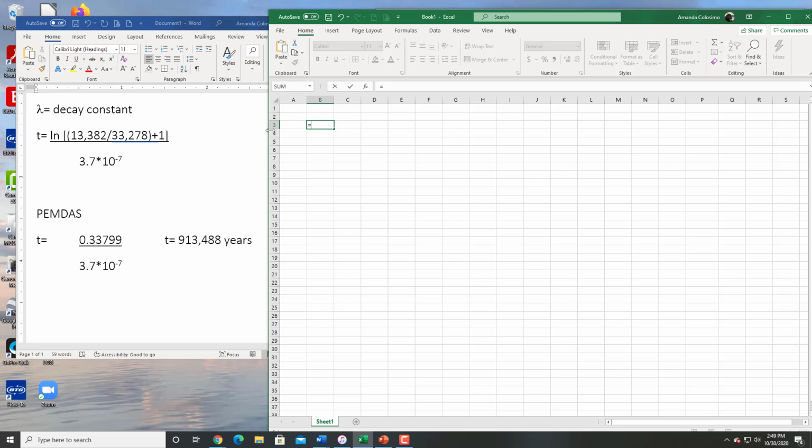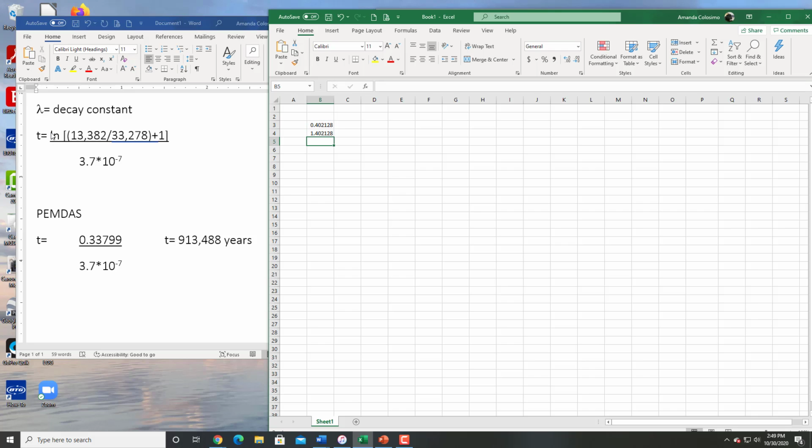So remember, we start inside the parentheses, where we're going to take 13,382 and divide that by 33,278. Okay. And then we know the next thing we had to do was add 1 to this. So that equals, and I'm just using that equals this, and you could also use the arrow keys on your keyboard, plus 1.